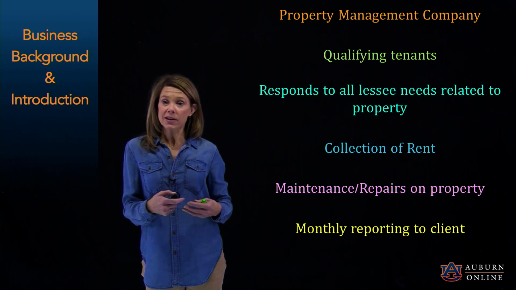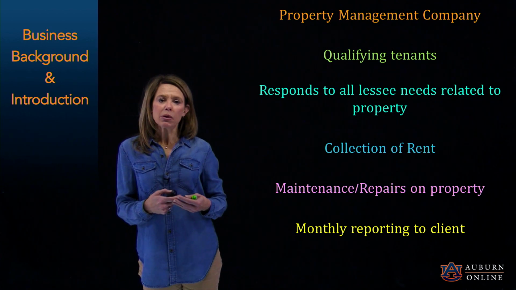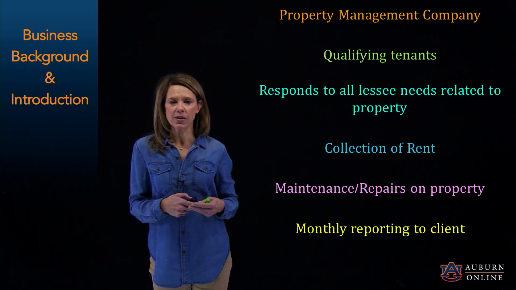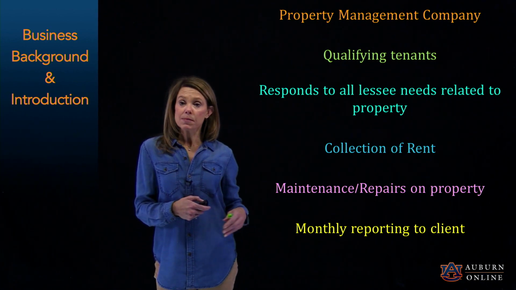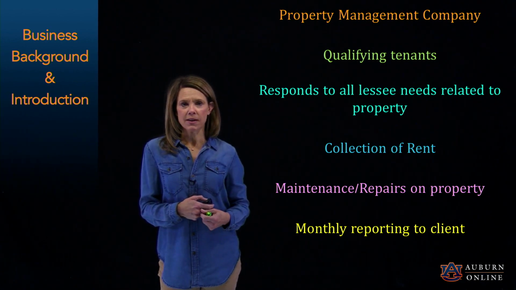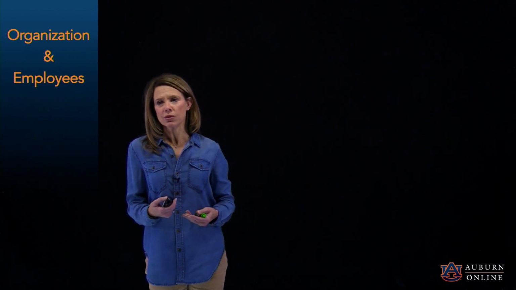So they take a pretty large percentage, but after they deduct their percentage, then they would be remitting a check to the property owner for the difference between the rents collected, the other costs, plus their property management fee. So that's how a property management company in general works.